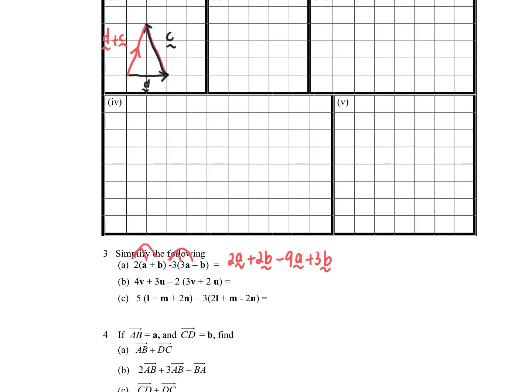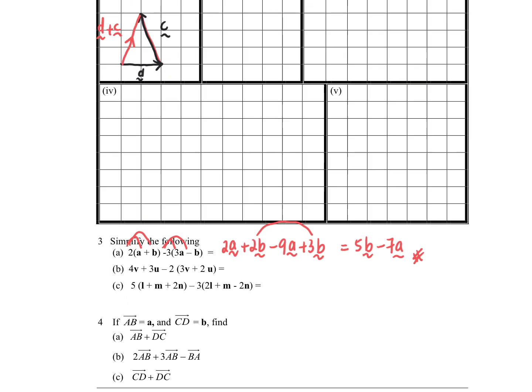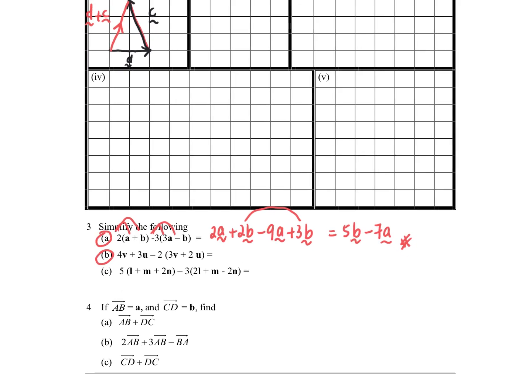Okay, so you expand, remove the bracket, and then you end up having 5b minus 7a. So this is the vector solution. So you can treat this like algebra, but remember your curly tail. If you don't put in your curly tail, then you will lose the answer mark. So this one, I believe you can also go home and do.